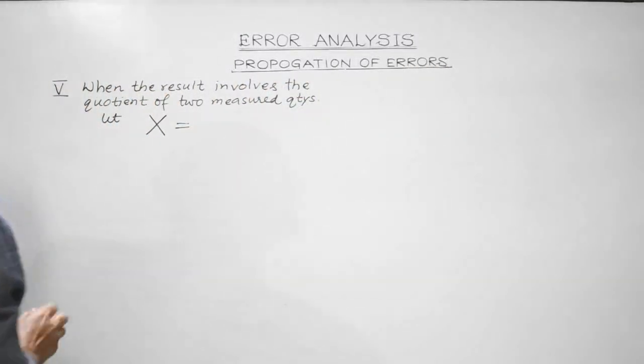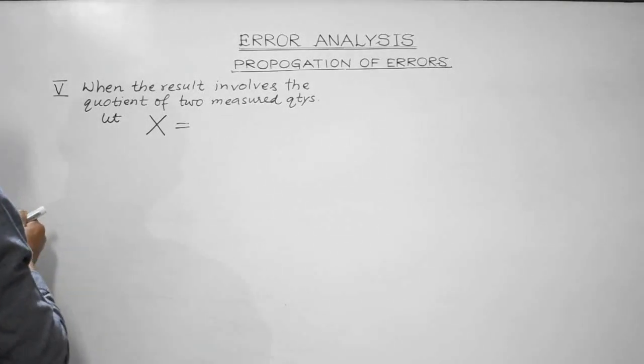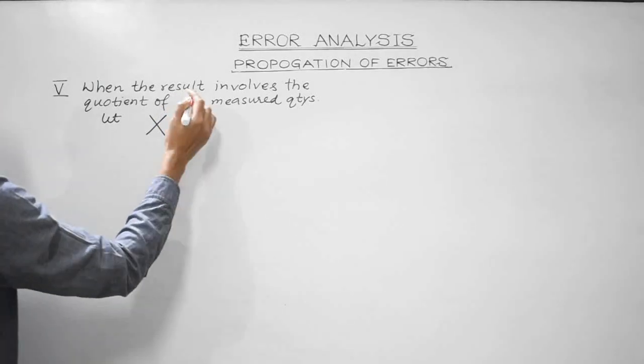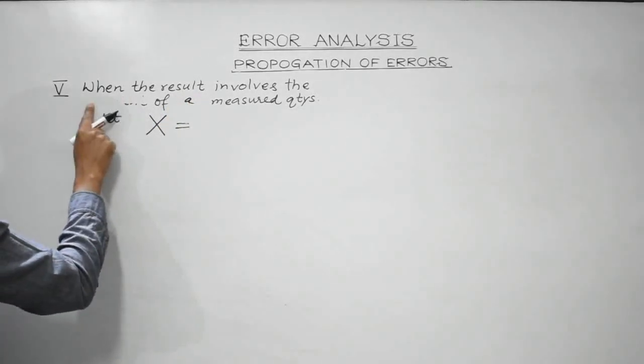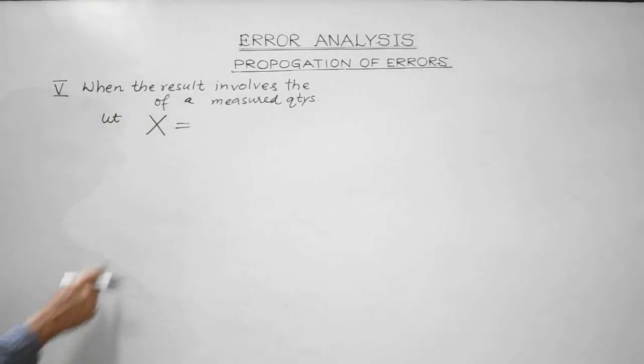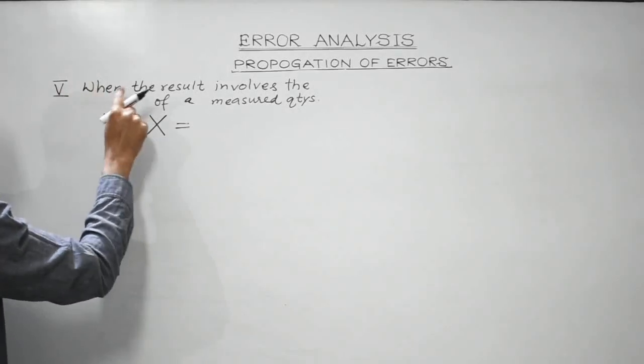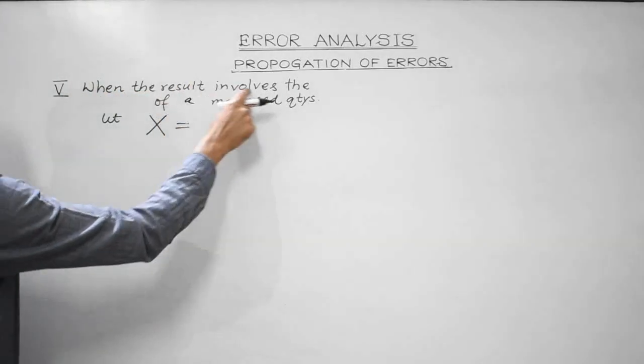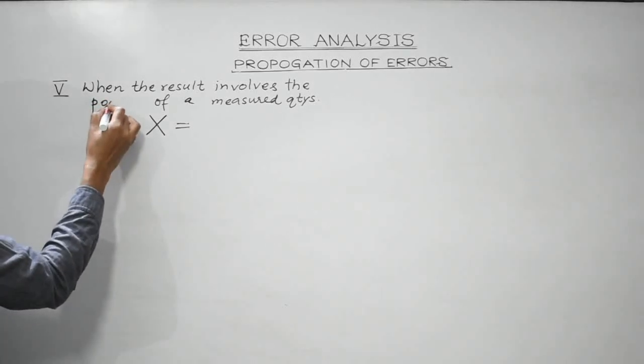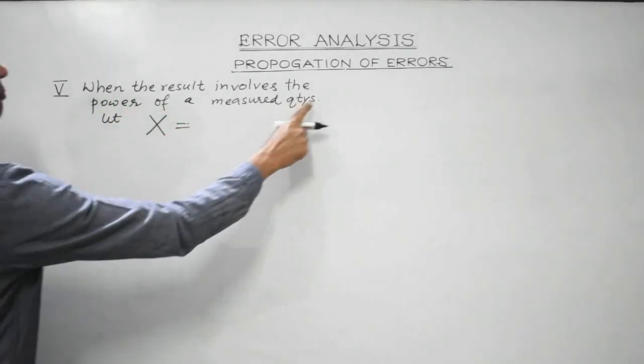So let us consider, earlier we have considered the quotient case, now in the fifth case we are dealing with the case when the result involves the power of a measured quantity.